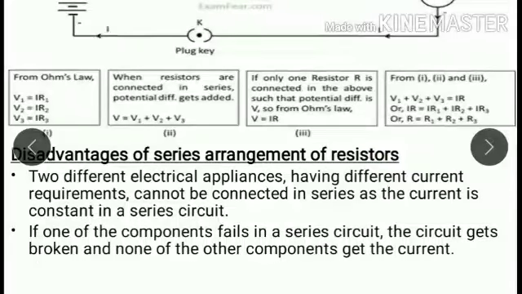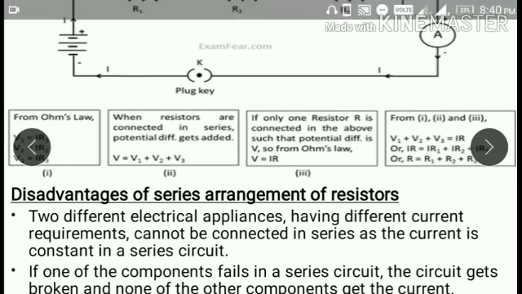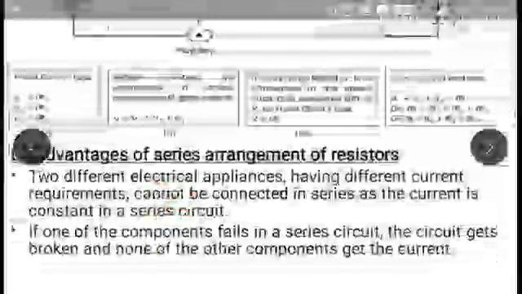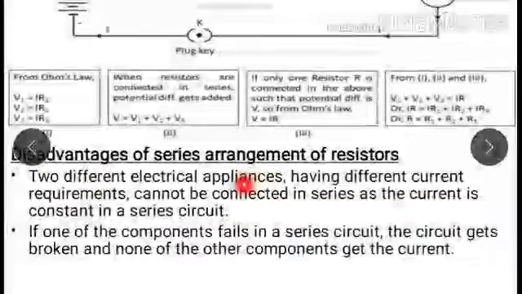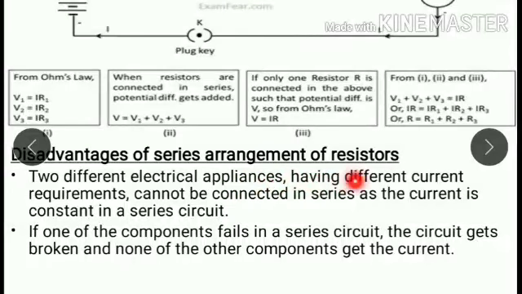Now, the disadvantages of the series combination. Parallel combinations are present in your home. What are the disadvantages of series combinations? First, two different electrical appliances having different current requirements cannot be connected in series, as the current is constant in a series circuit.